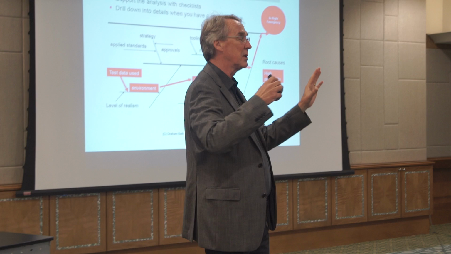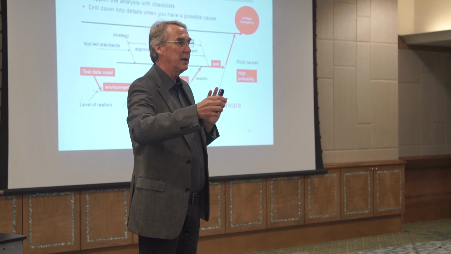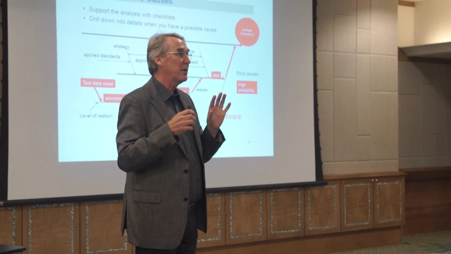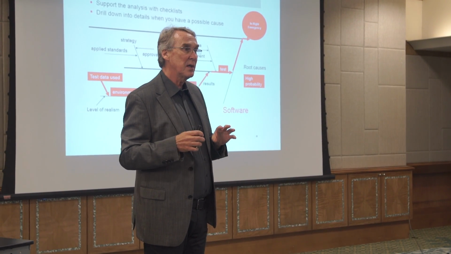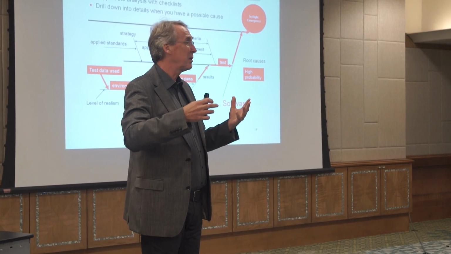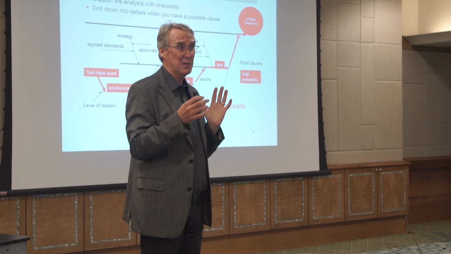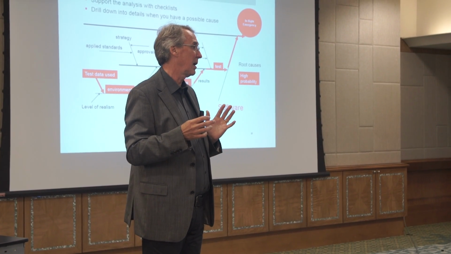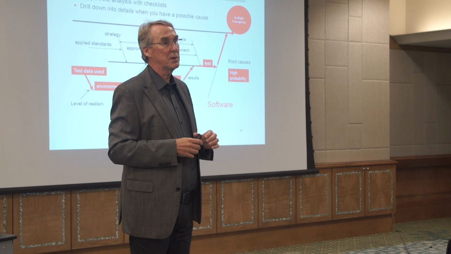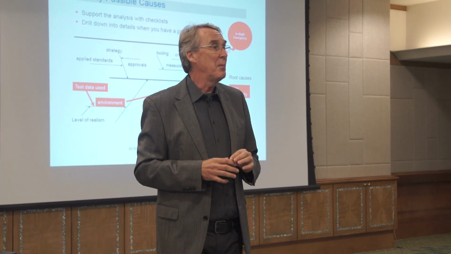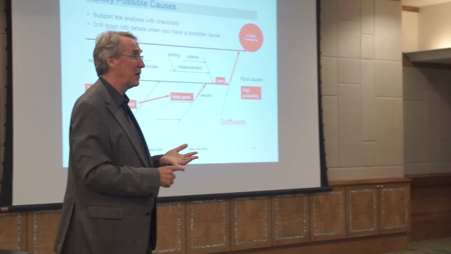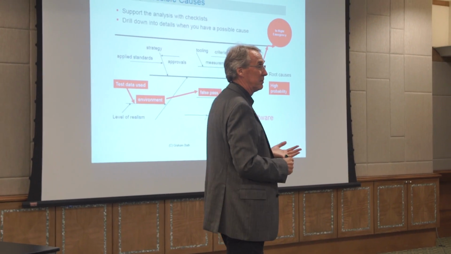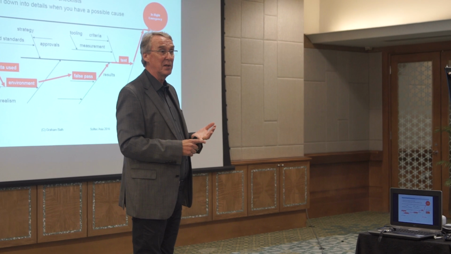So you can use this technique to evaluate things that have happened, or you can use it to maybe predict if there's a possibility that this can happen. And that's what FMECA is. If you ever hear that, failure modes evaluation, that's what they do.